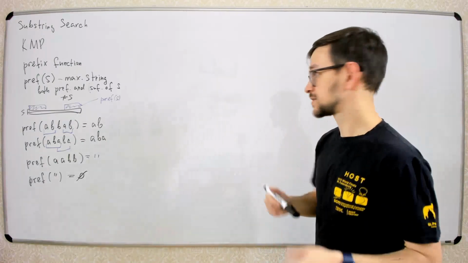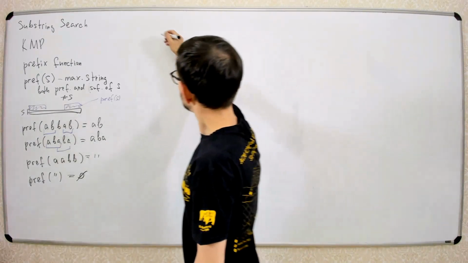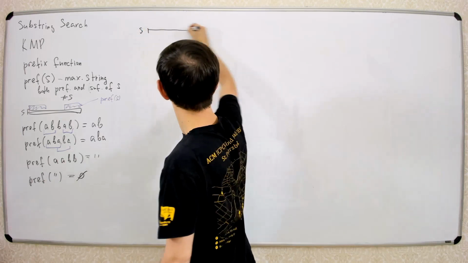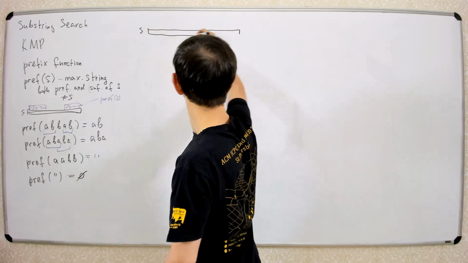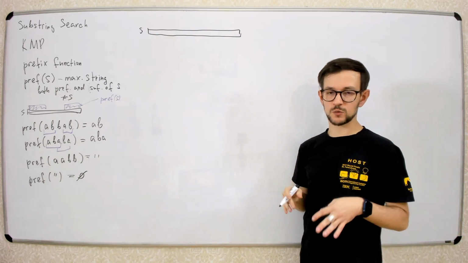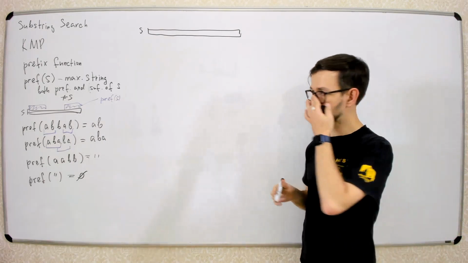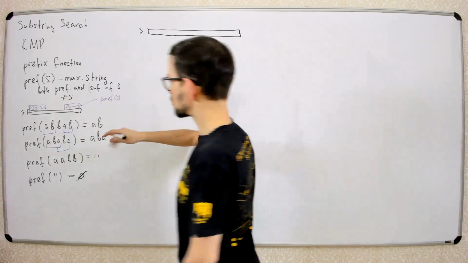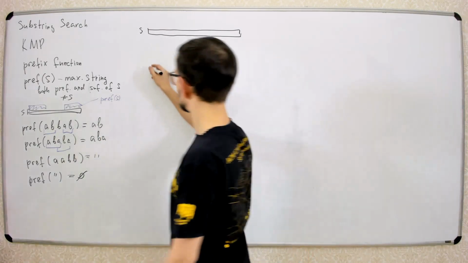Now the next exercise. Imagine you have some string s, and I want to find all possible strings which are both prefix and suffix of s. Imagine you can calculate this prefix function.